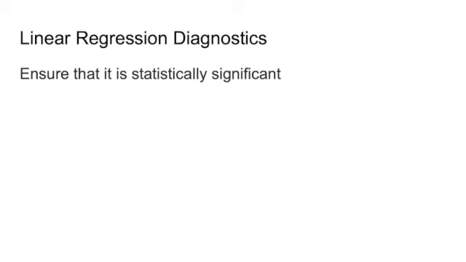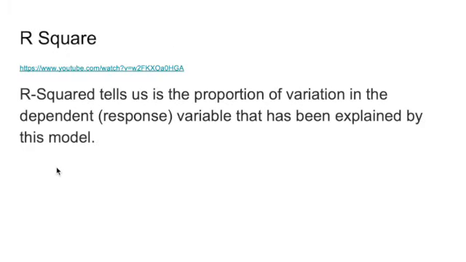Linear regression diagnostics. We have to make sure that it is statistically significant. So firstly, R-squared. R-squared is the proportion of the variation in the dependent variable that has been explained by the model.